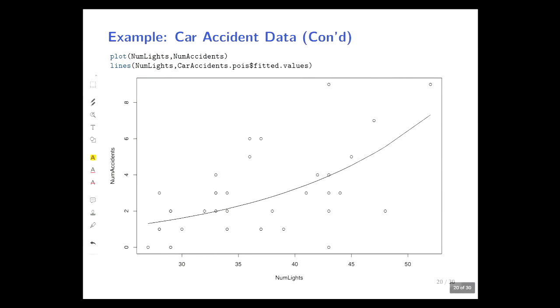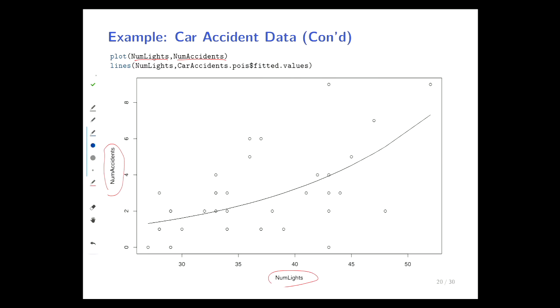In this plot, firstly, I plot the number of car accidents versus the number of traffic lights. The y-axis is the number of accidents, and the x-axis is the number of traffic lights. Secondly, I use our Poisson model to obtain the fitted value.